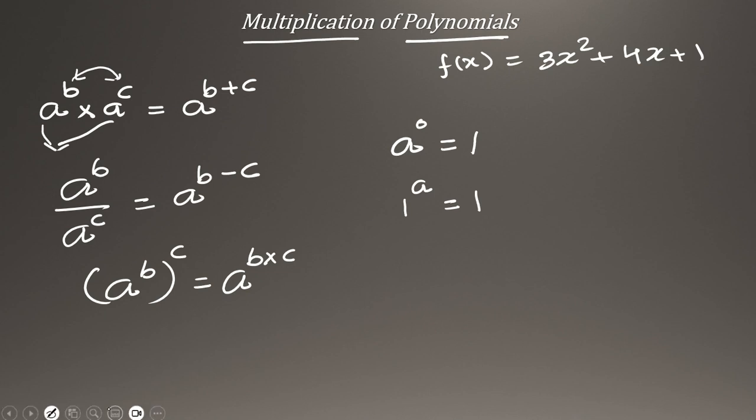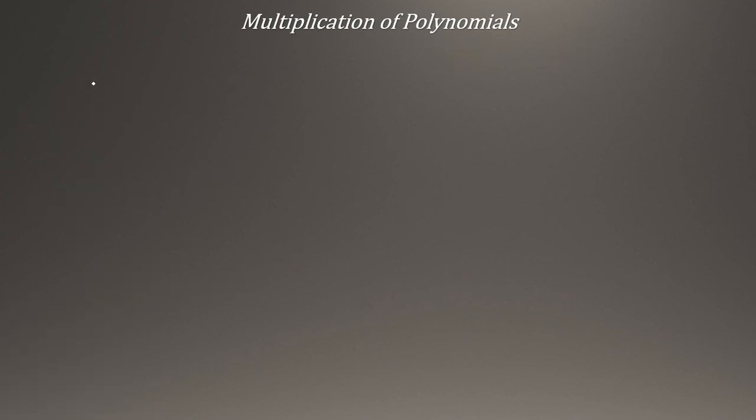Now, the next very important thing is that if you multiply two terms, or multiply any polynomial with another polynomial, for example, a to the power 4 with a to the power 5, then the answer will be a to the power 9, 4 plus 5, no problem.